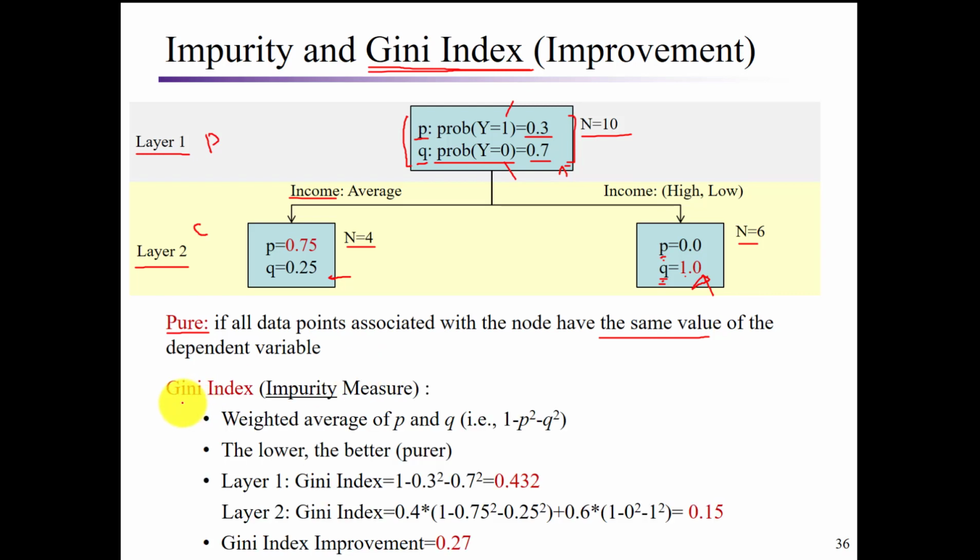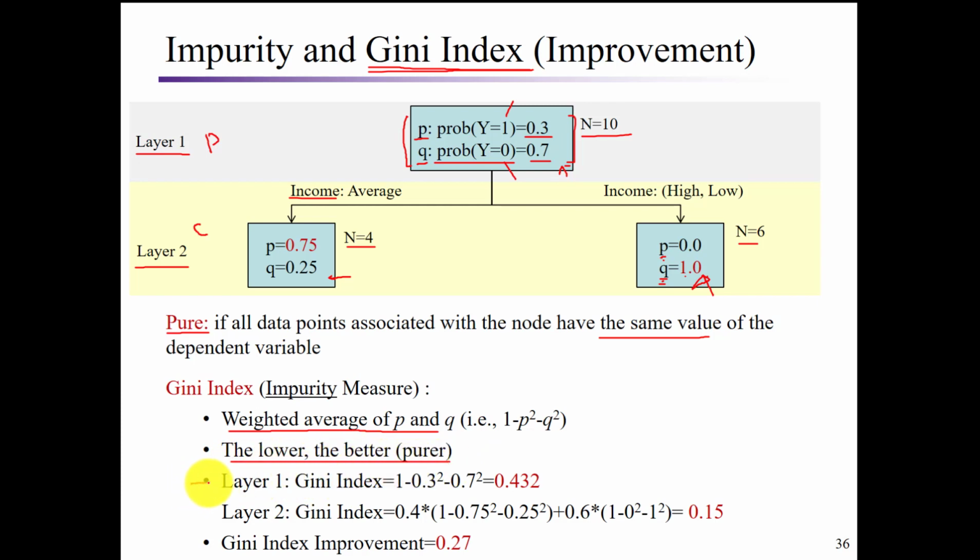Then how can we quantify the purity or impurity? We will use the Gini index, in other words the impurity measure. This is the weighted average of 1 minus P squared minus Q squared, and the lower the better, or the purer.